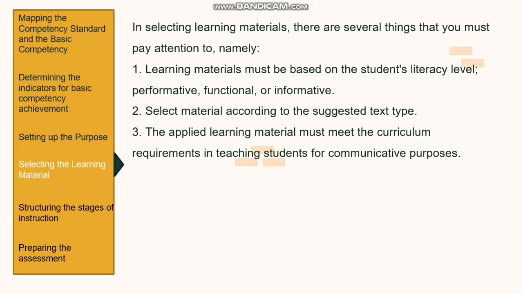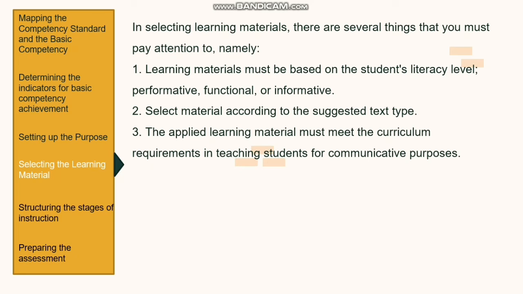The next is selecting the learning material. In selecting learning materials, there are several things that you must pay attention to, namely, number 1, learning materials must be based on the student's literacy level, like performative, functional, or informative. Number 2, select material according to the suggested text type.